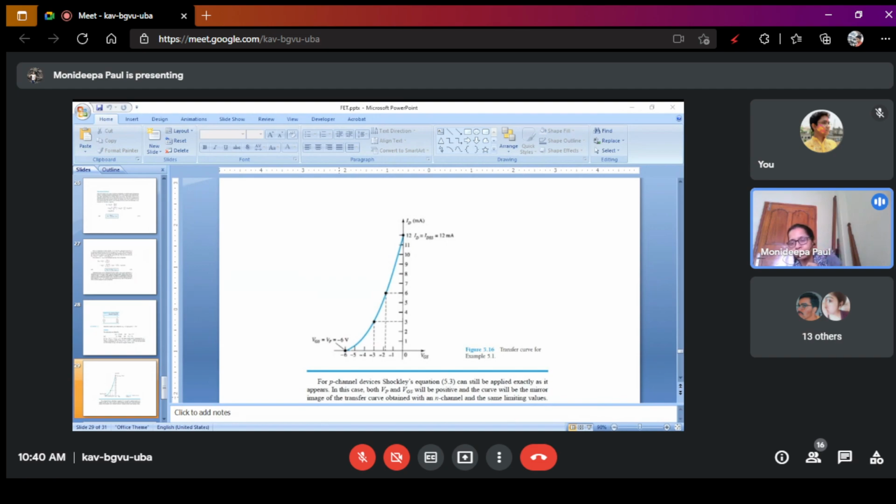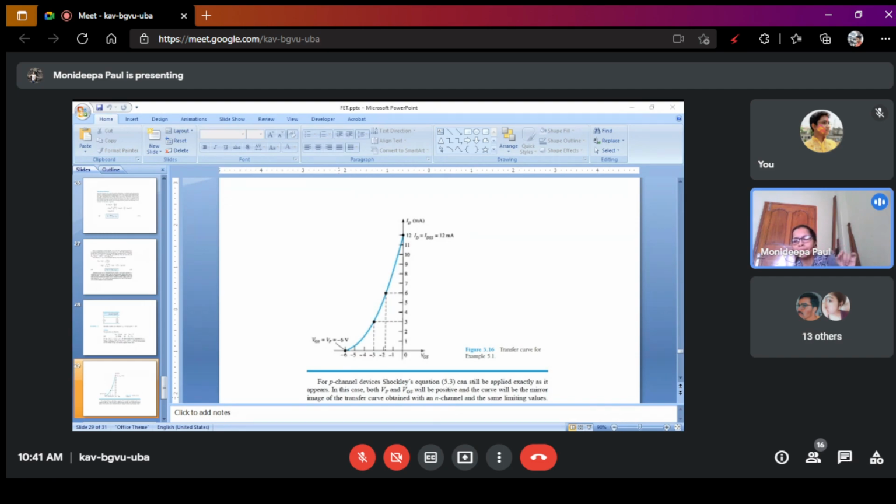The fourth coordinate point of this transfer characteristic curve we get from the second clue given in the problem, that is VP is equal to -4. If we apply VGS is equal to VP, we know that when VGS is equal to VP, ID is equal to 0.